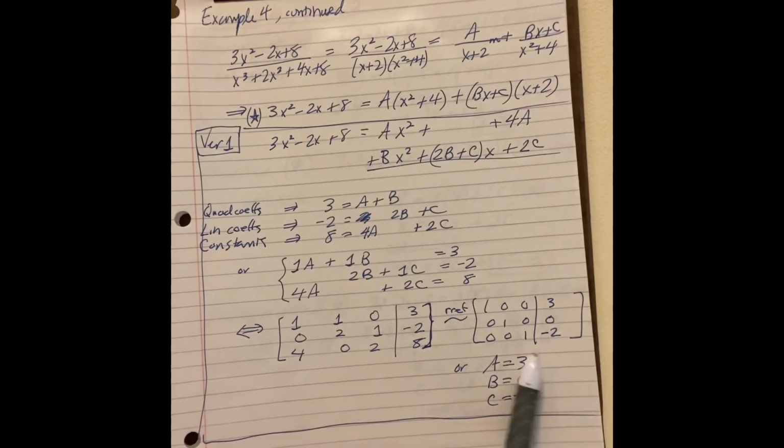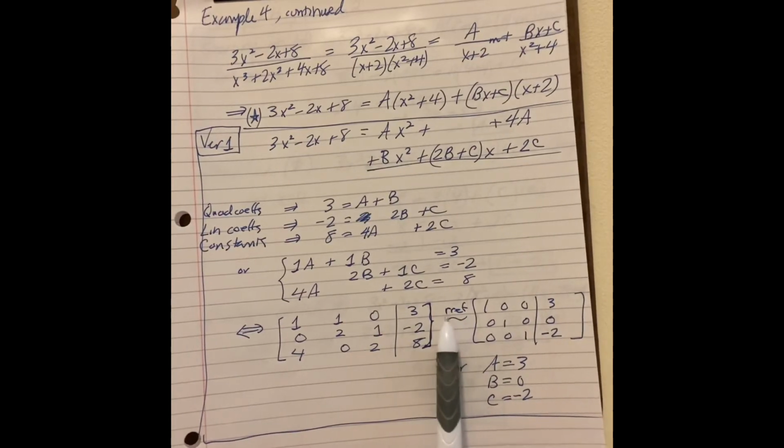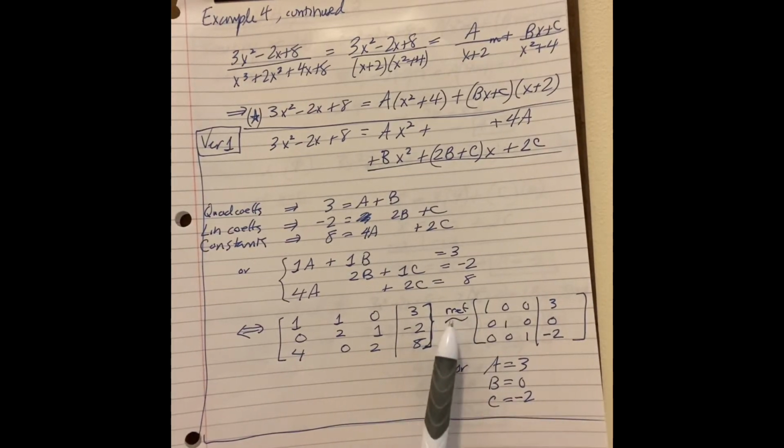By the way, if you want more on this type of method, you can look at my 1324 videos, where there's a video about how to do this method by hand, or to use a function in a graphing calculator like a TI called RREF. It just gives you those numbers.